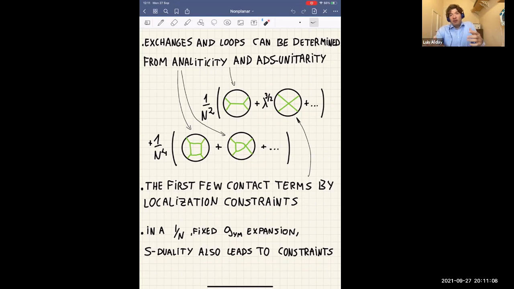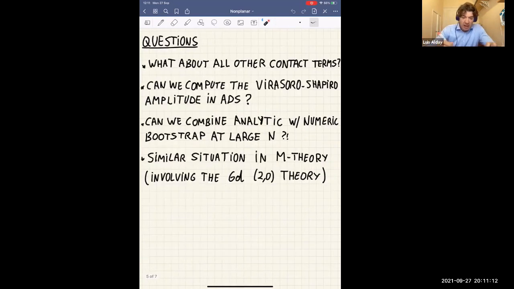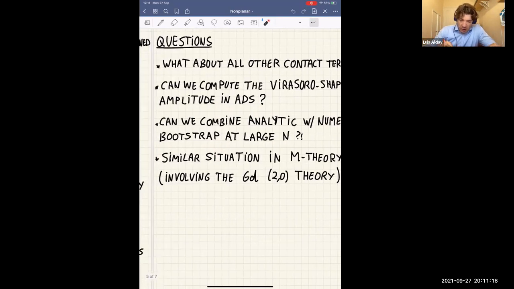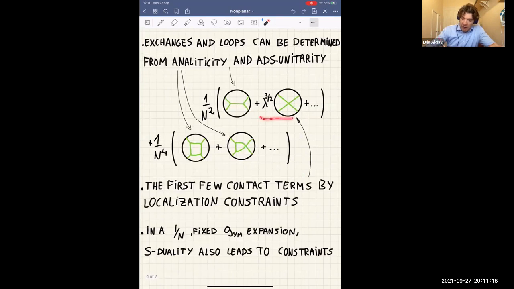And big questions in this program are, for instance, what about all other contact terms? Here the first few can be determined from localization. I can tell you a bit more about it if you ask me later. But there is an infinite tower, and we don't know how to fix this infinite tower.